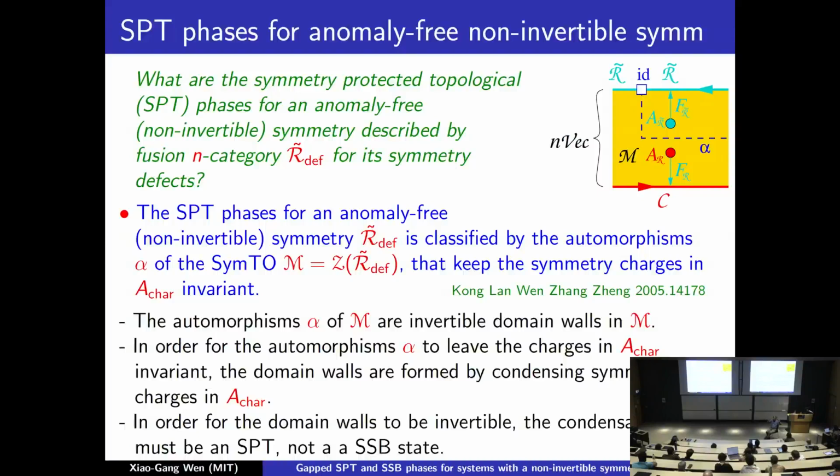The condensing anyons can form many things, including symmetry breaking states. Because we require this domain wall to be invertible or transparent, those anyons can only form SPT states on the domain wall. That gives rise to the invertible domain wall, and that corresponds to the automorphism. From this point of view, it's very natural that automorphism and SPT are at least very closely related.